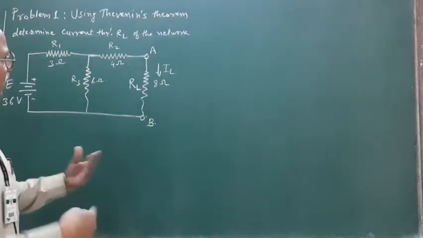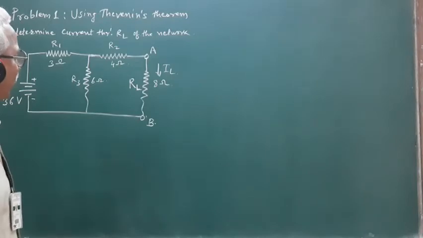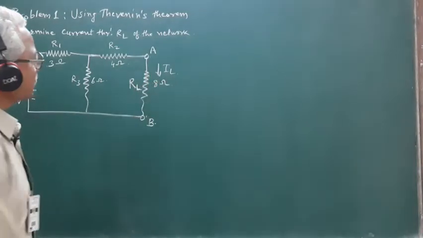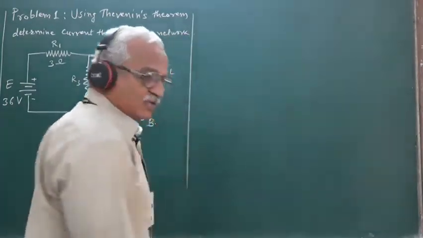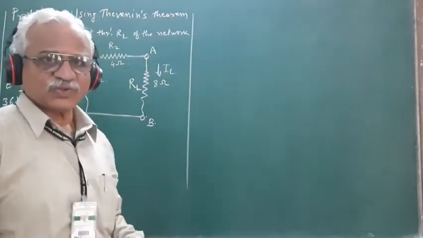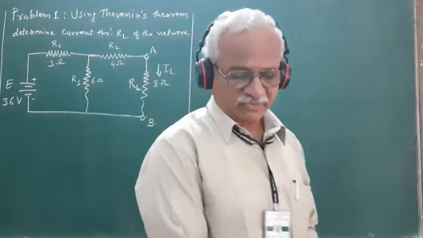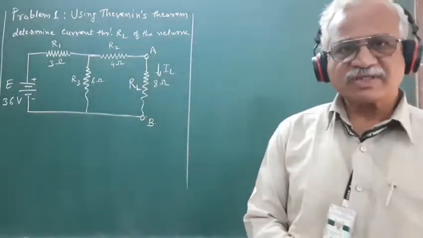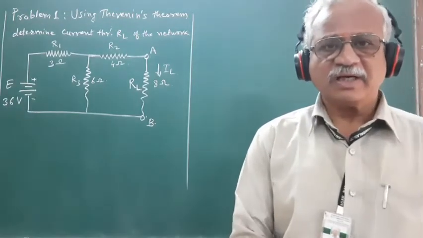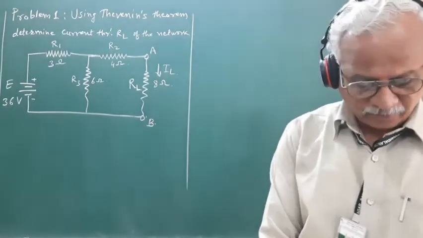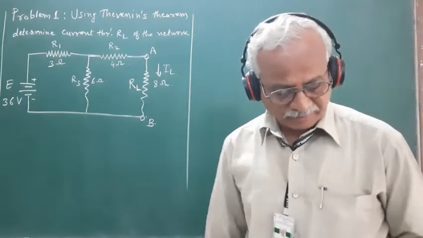By using the Thevenin theorem, we have to find out the current flowing through this load resistance. First, we have to Thevenize the given network. And as we have discussed earlier, Thevenizing a network consists of a 4-step procedure.